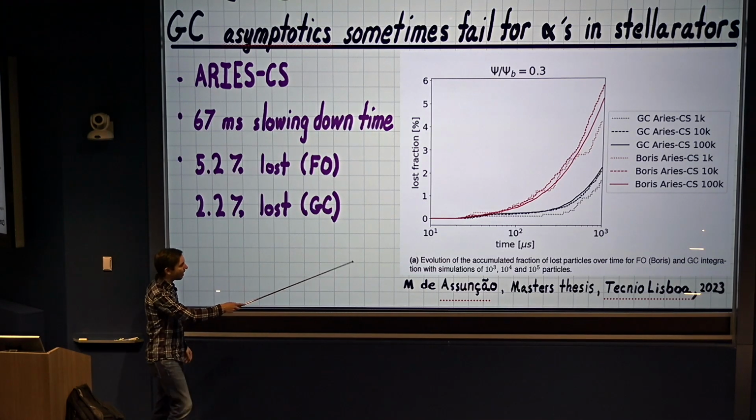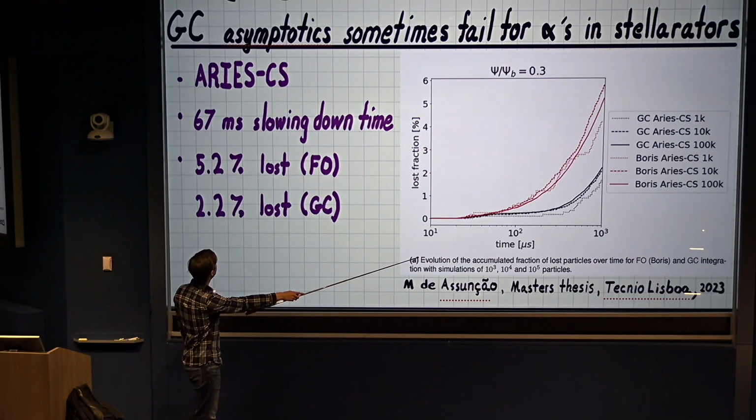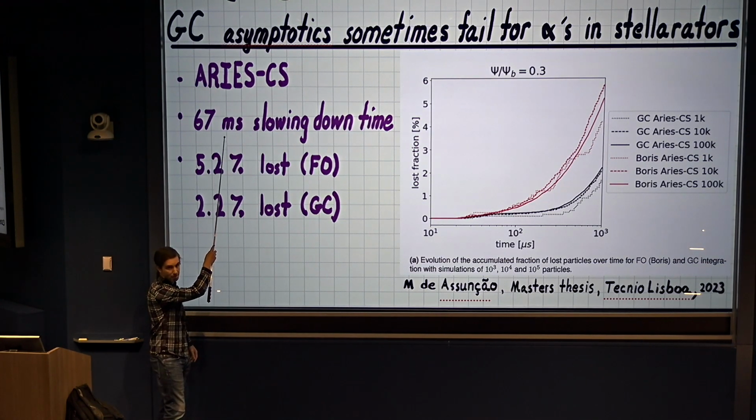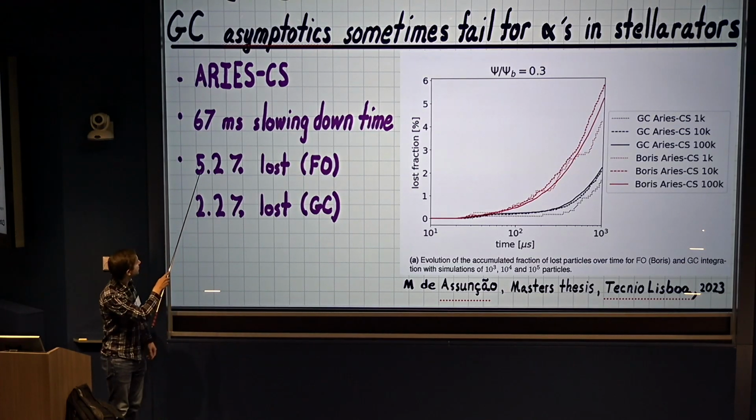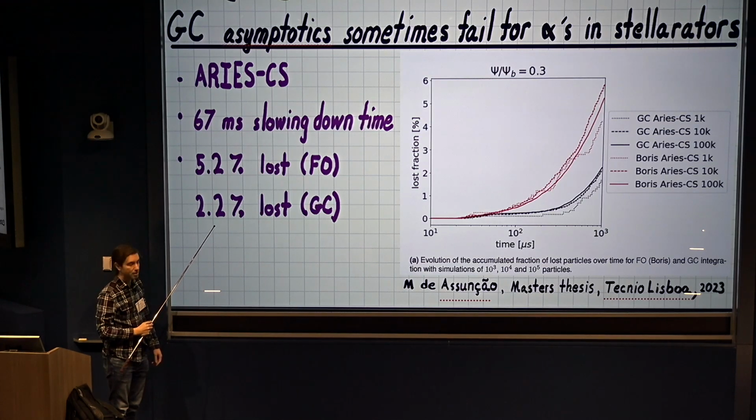And what he finds is that after 1 millisecond, which is much less than the slowing down time, there is a more than 100% discrepancy in the loss fraction between full orbit and guiding center.